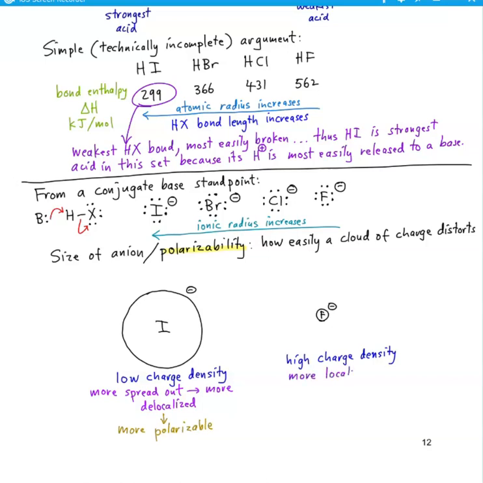That makes it less polarizable. Okay, so the fact that the charge is spread out more in the iodide ion contributes more to the stability of the iodide ion as opposed to the fluoride ion, where that charge cannot really be spread out.